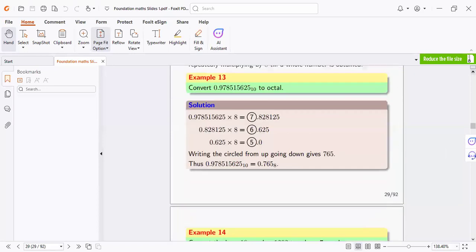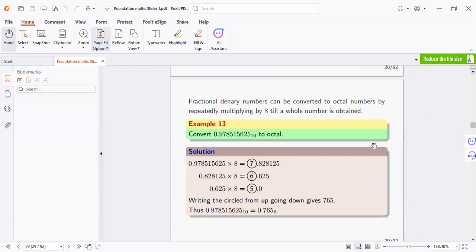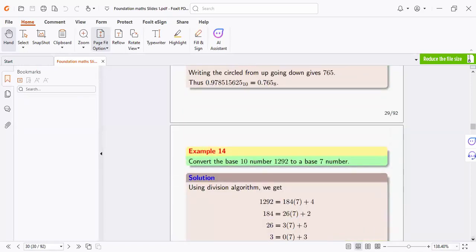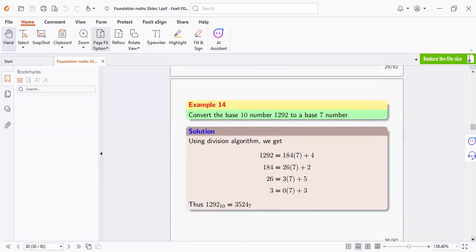Now, at your own time, since they are recording, you look at this working where I've converted this decimal number to base 7, dividing by 7 and noting the remainder.